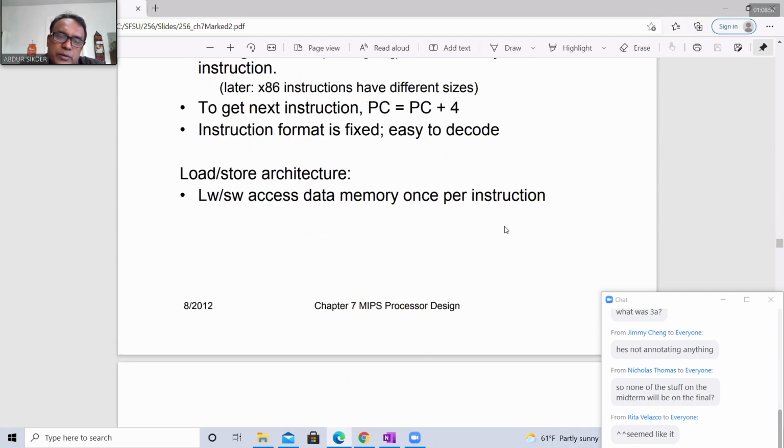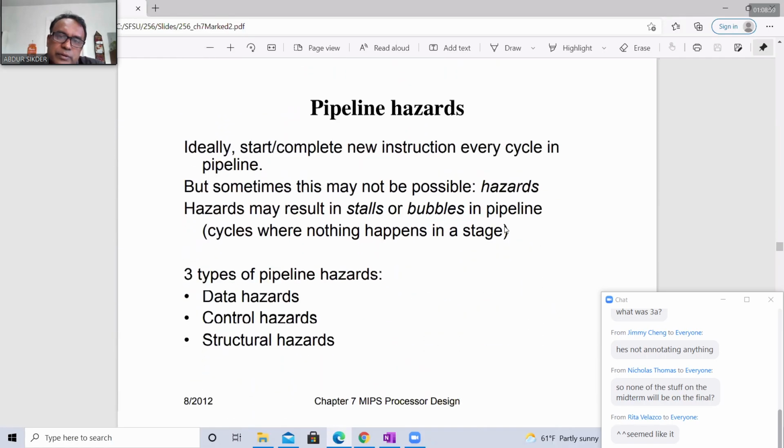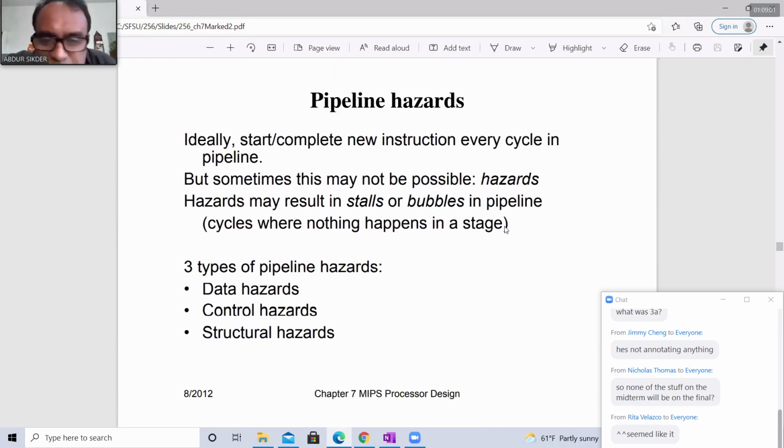And what else? Now, pipelining has some issues. It has a lot of hazards. You have 3 types of hazard: data hazard, control hazard, and structural hazard. It's not as smooth as you think.